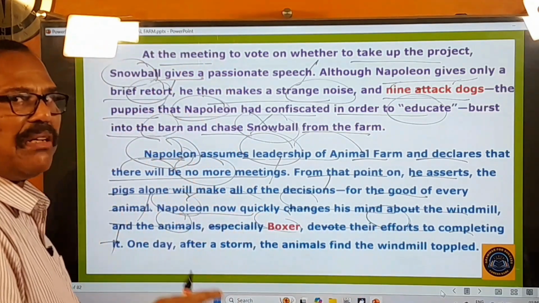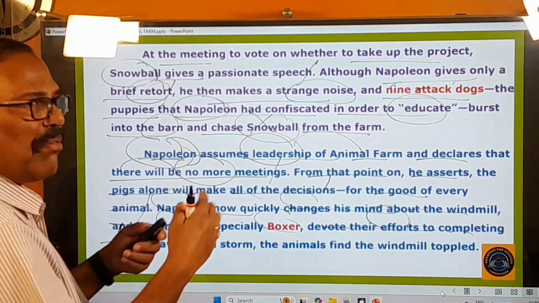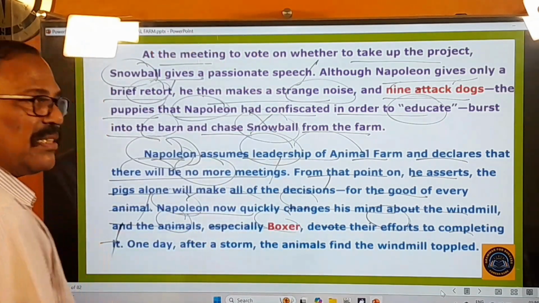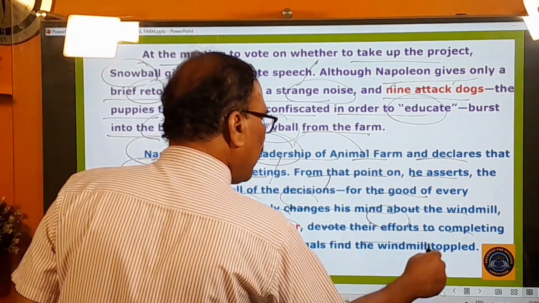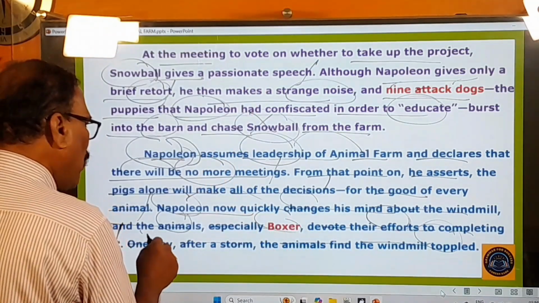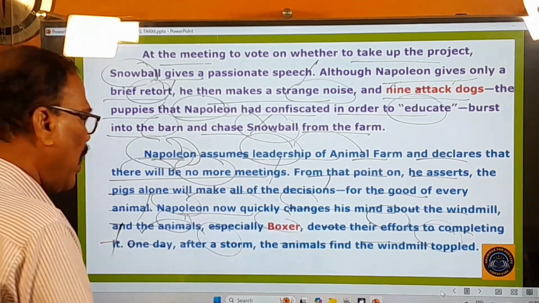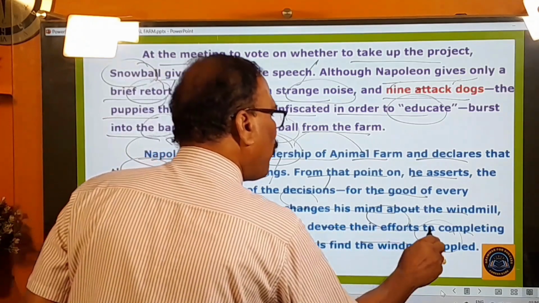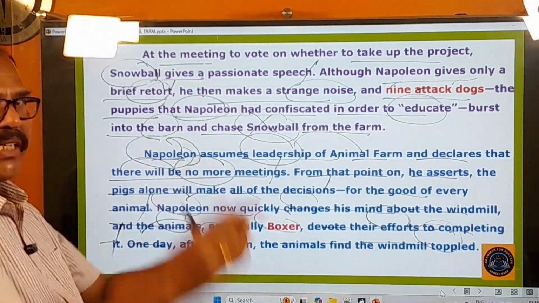They started working on the construction of the windmill and completed it one day. They worked very hard and completed that electricity generating windmill. One day, after a storm, the animals find the windmill toppled. One day, after some storm took place on the animal farm, the animals found the windmill toppled. Toppled means destroyed or damaged or dismantled.